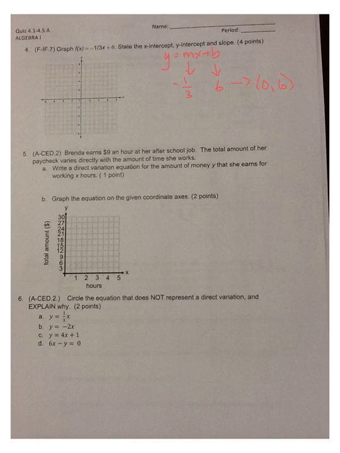Then we take f of x equals -1/3 x plus 6, and we put in 0 for y equals -1/3 x plus 6. We add 1/3 to both sides, so we have 1/3 x equals 6. And then we multiply by the reciprocal of 3 over 1. So x equals 18. And then we graph that.